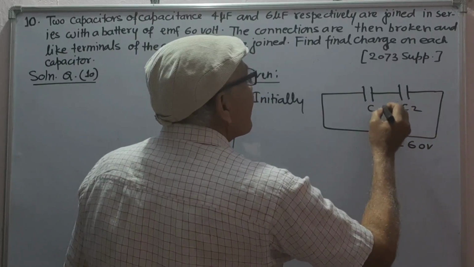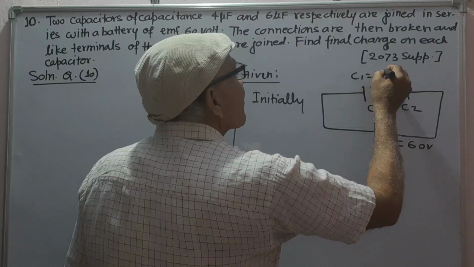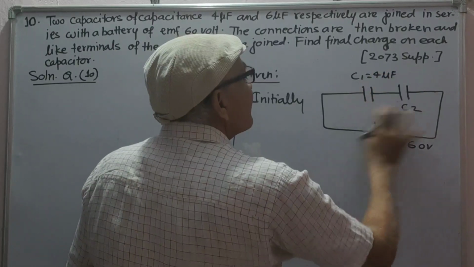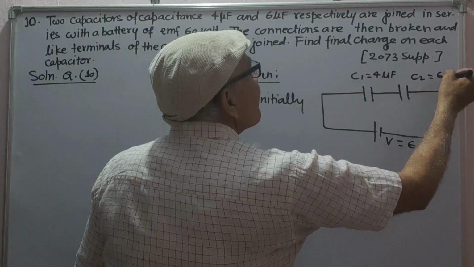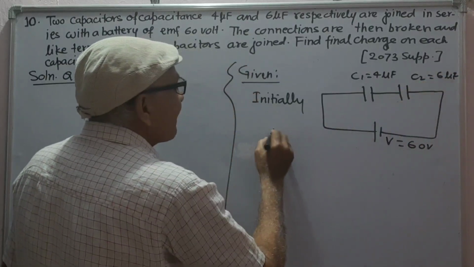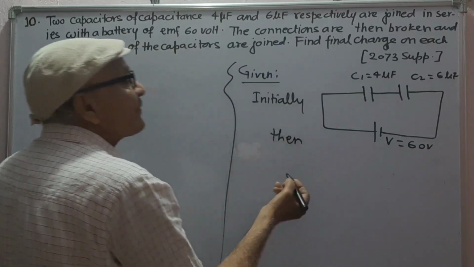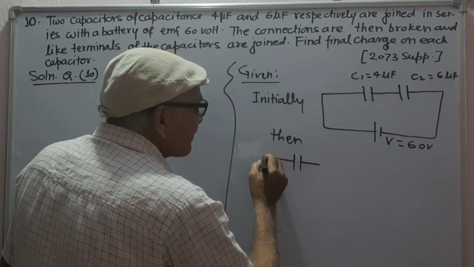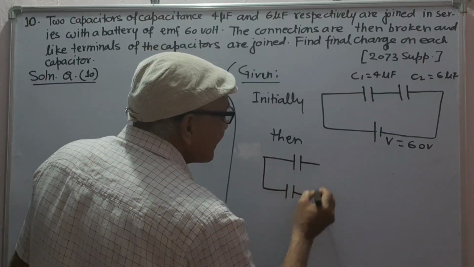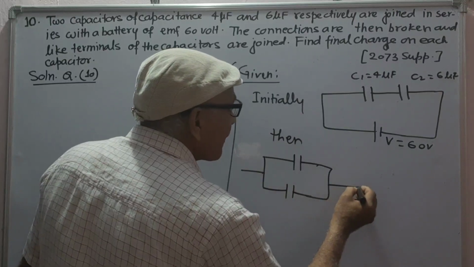C1 is 4 microfarad and C2 is 6 microfarad. Then disconnected from battery, C1 and C2 are connected in parallel.